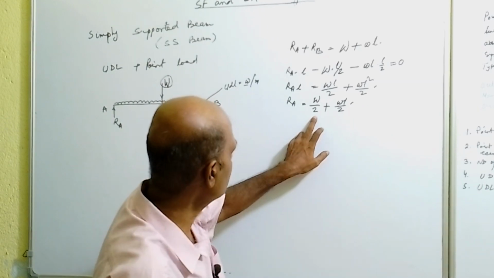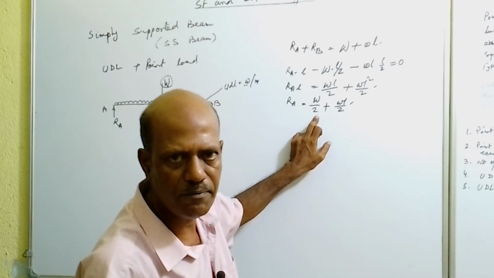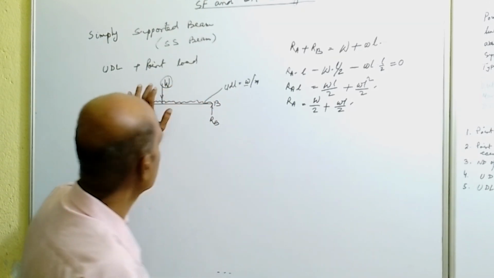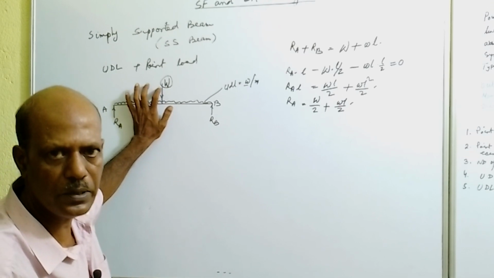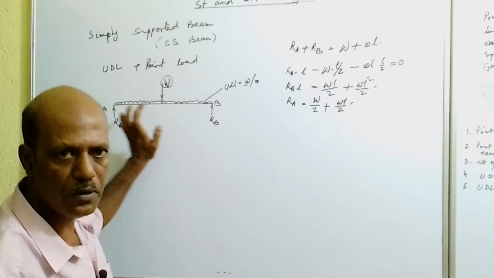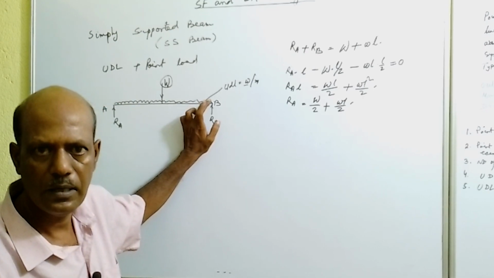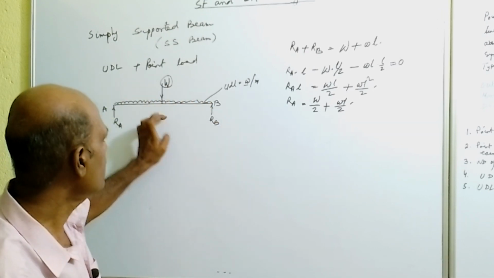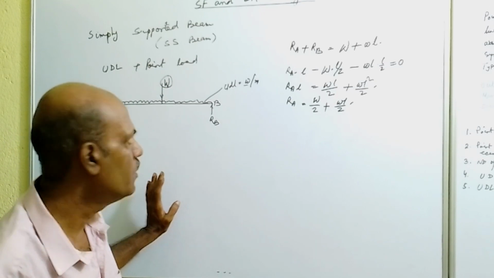So you can see this is just the sum. We have considered two cases separately, when capital W is acting at the center, and also you have seen the UDL problem. So in this case it is the sum of these two loads.